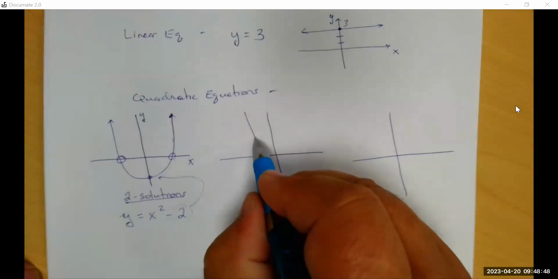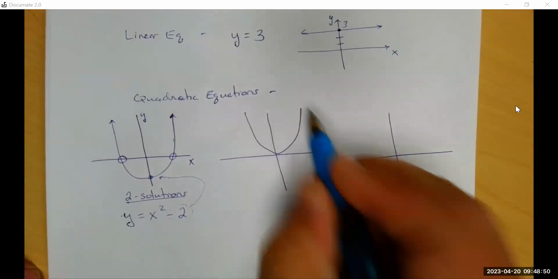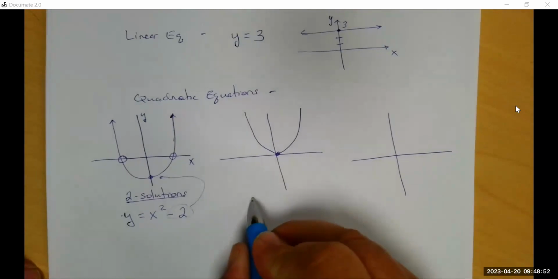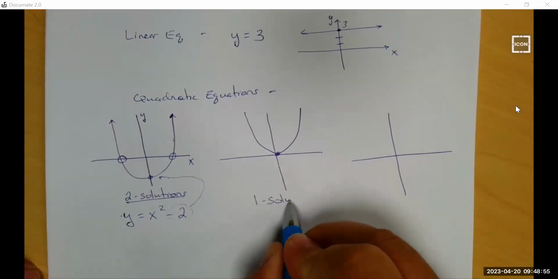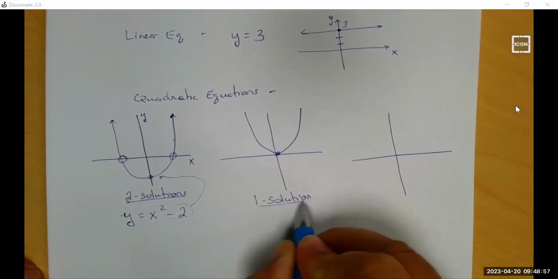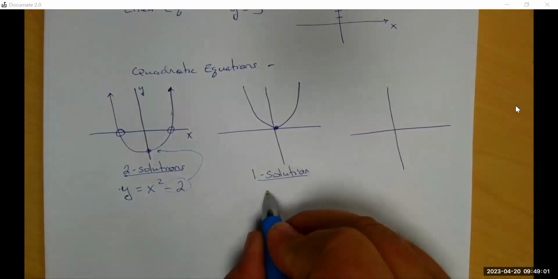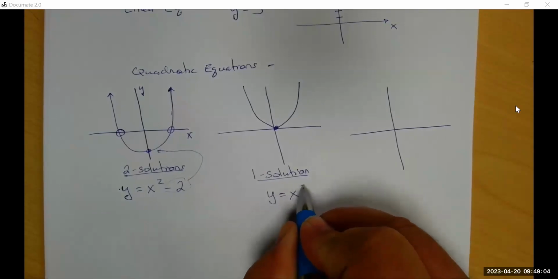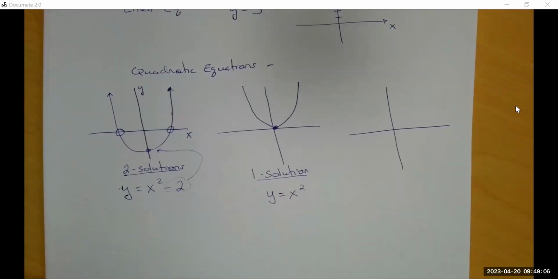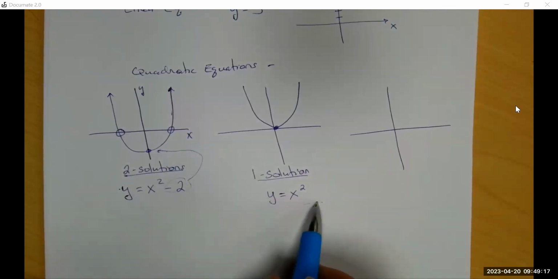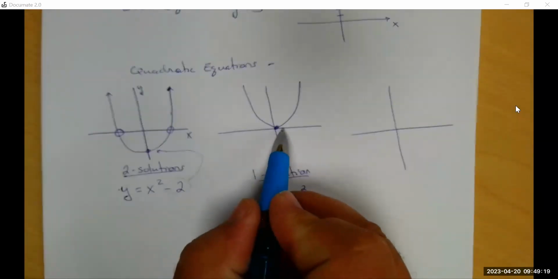We can have one solution, y equals x squared. What's the y-intercept of this one? 0, yeah, it's going to 0.